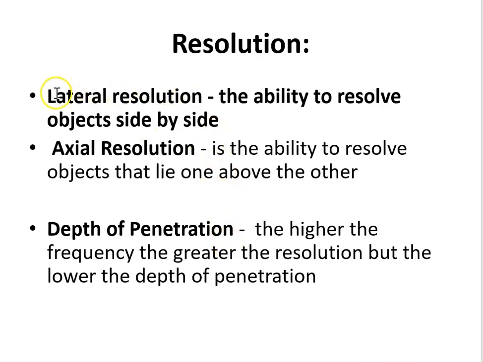So if we've got something and then something else behind that, that's a millimetre behind it, we need a wavelength which is less than 1 millimetre to be able to separate those two objects, or those two layers.